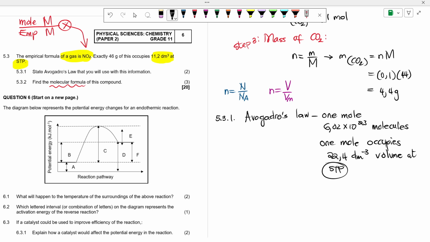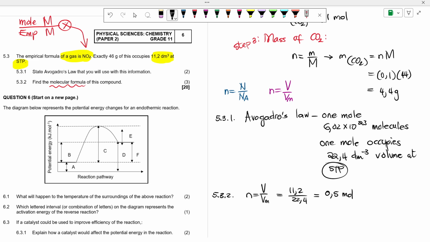So we can find the molecular molar mass by using the information that is given. They give us the mass and Vm. So first we can find the number of moles because it's a gas. So number of moles is V over Vm. 11.2 over 22.4. What do we get? 0.5 moles.